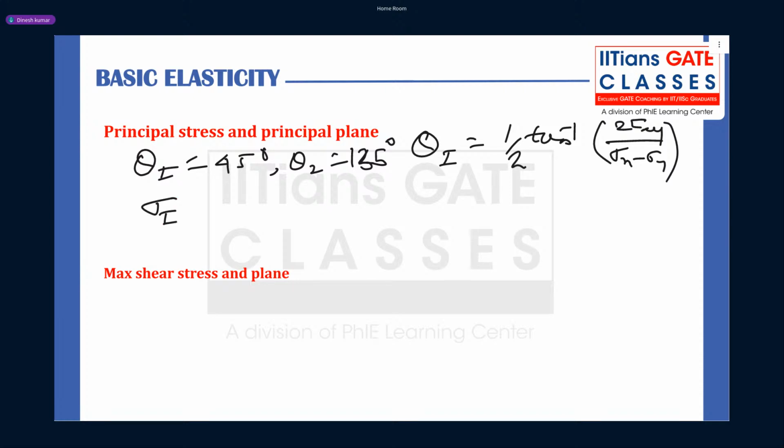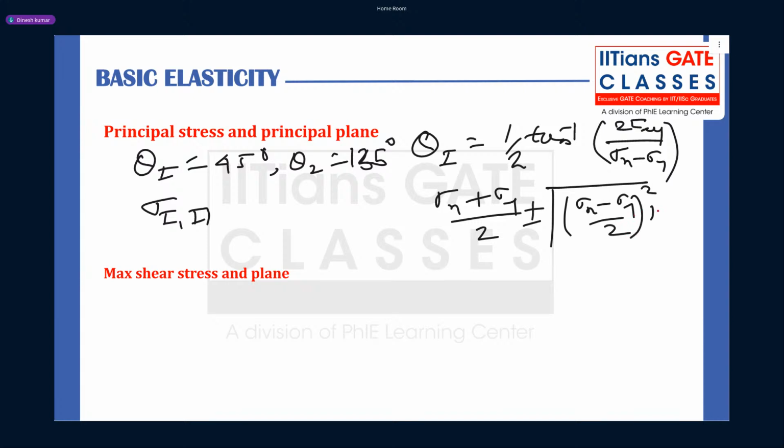Now, guys, what will be corresponding principal stresses? Anybody can tell? In case of pure shear, what will be your sigma 1, sigma 2? You know the formula, right? Sigma x plus sigma y by 2 plus minus under root sigma x minus sigma y by 2 whole square plus tau xy square.